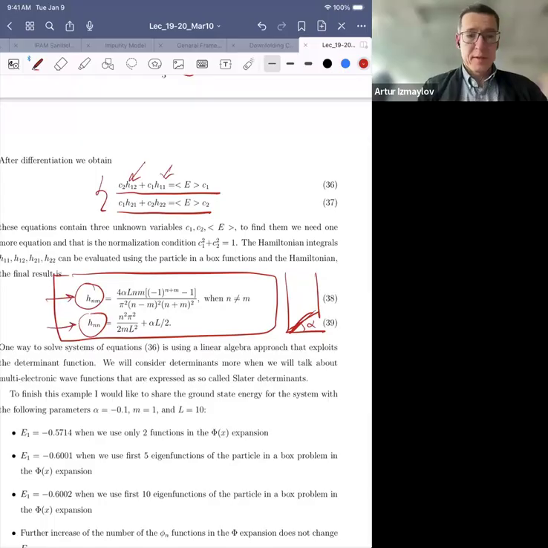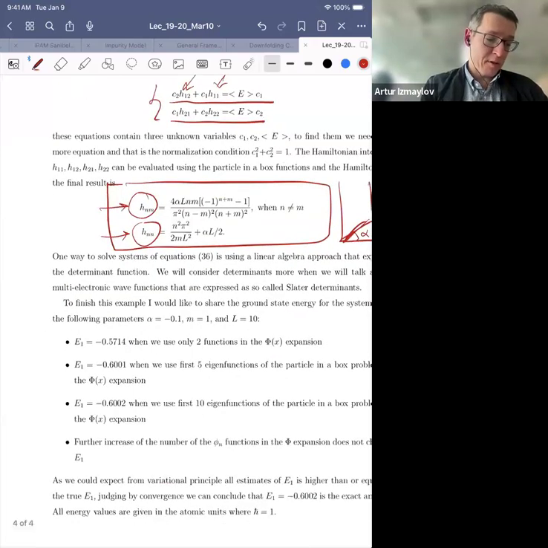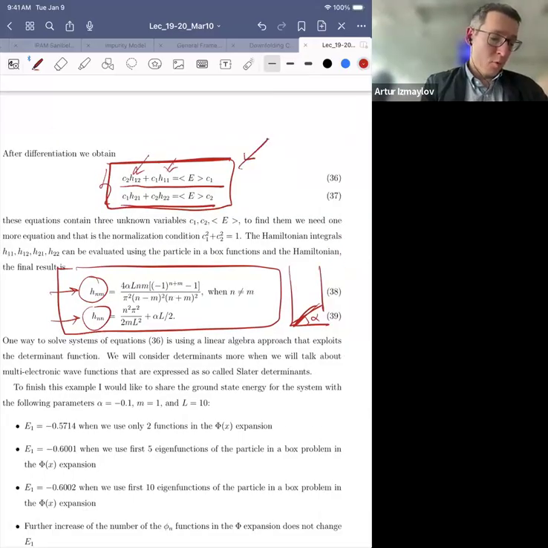You can check me and derive them at home using the expressions for the particle in the box functions. Okay, and then for the rest, we have this system of equations, and those who study linear algebra know that this is just a problem where we have the matrix H11, H12, H21, H22 multiplied by the coefficients.